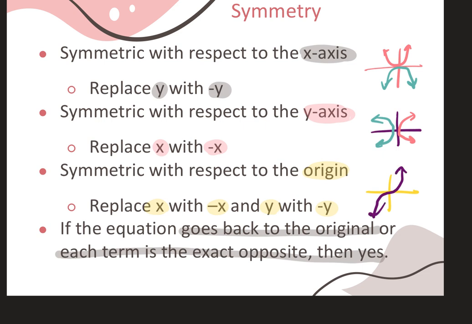So something like a cubic function has symmetry to the origin. Something like a y equals negative x line has symmetry to the origin. So top left reflects to the bottom, top right to bottom left, or top left to bottom right. Like literally fold it diagonally along the y equals x line.